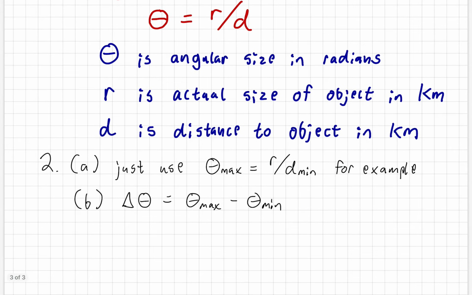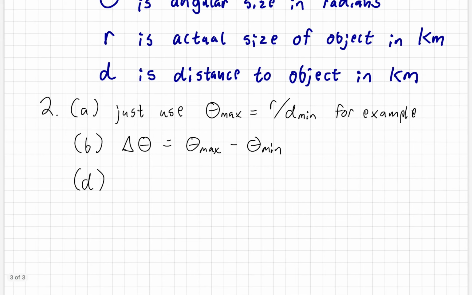Okay, so what's so important about part D, because again, part C is just like part A, but for the sun. But what's so important about part D is you need to conceptually think about what is necessary for a total solar eclipse.